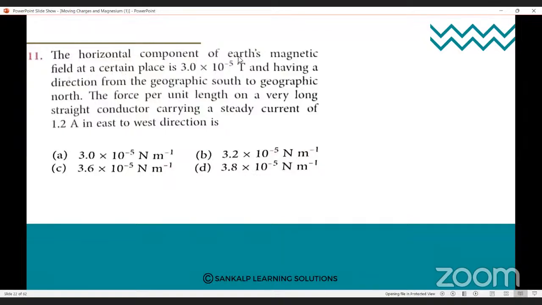The horizontal component of Earth's magnetic field at a certain place is 3 into 10 raised to minus 5 Tesla and having a direction from the geographic south to geographic north. The force per unit length on a very long straight conductor carrying a steady current of 1.2 ampere in east to west direction is.